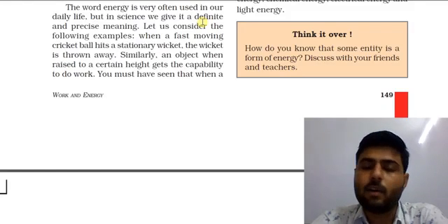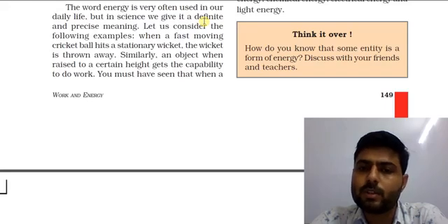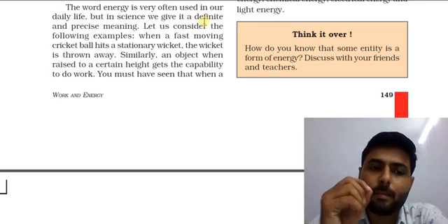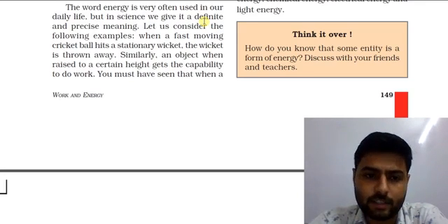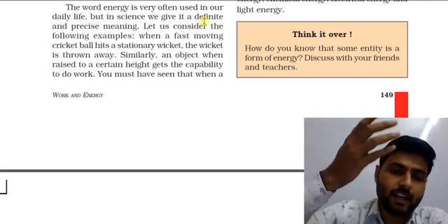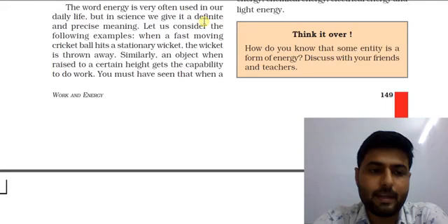Let's consider the following example. When a fast moving cricket ball hits a stationary wicket, the wicket is thrown away. Similarly, an object raised to a certain height gets the capability to do work.